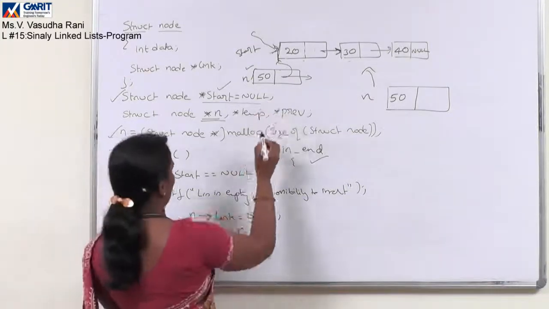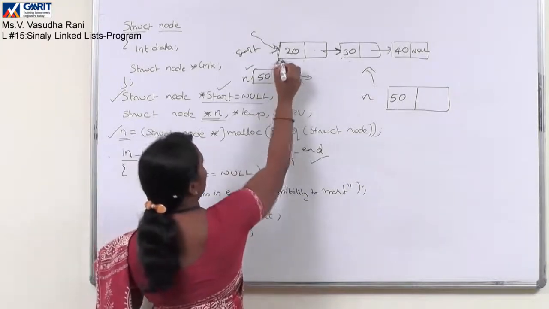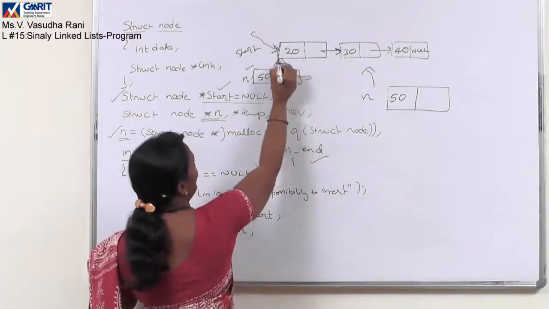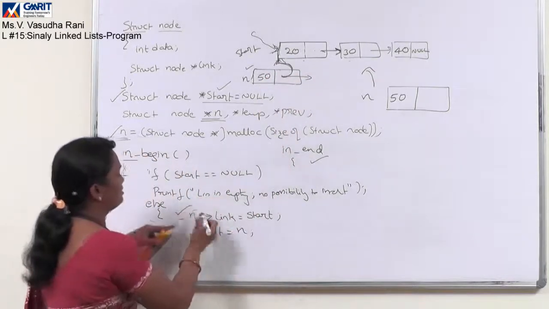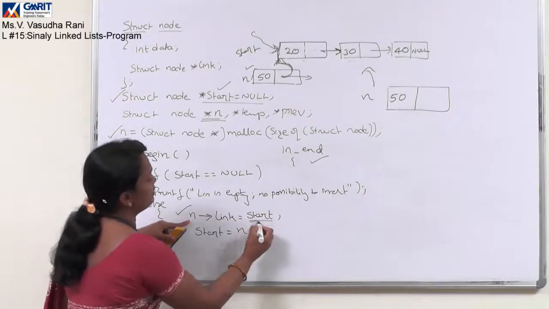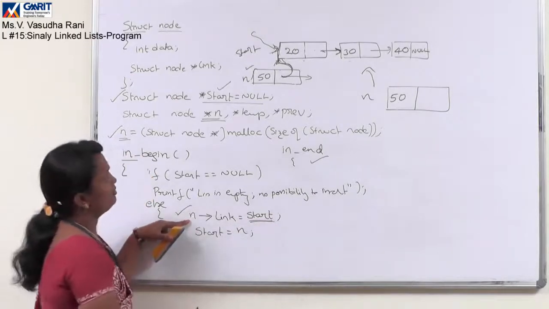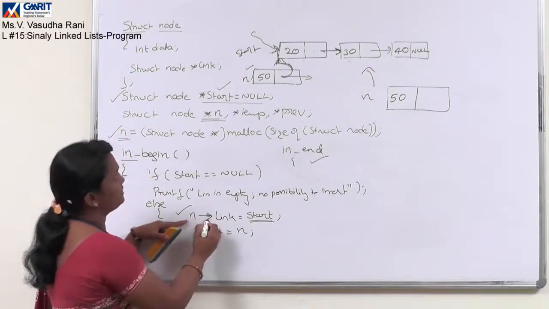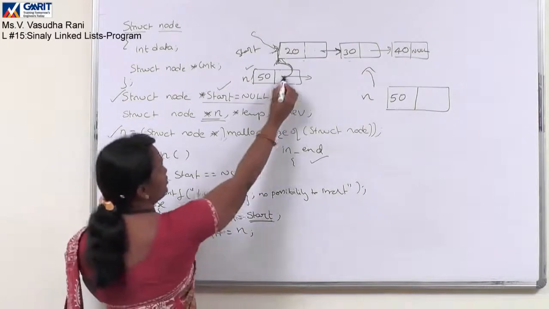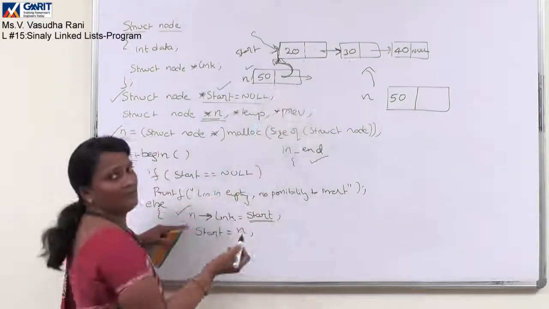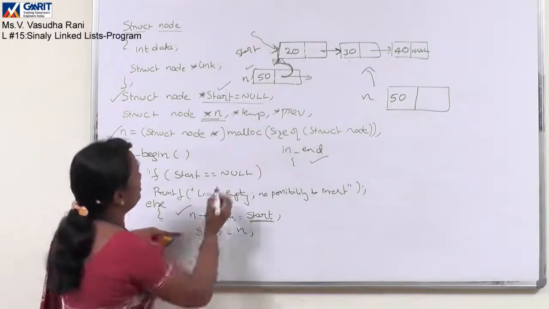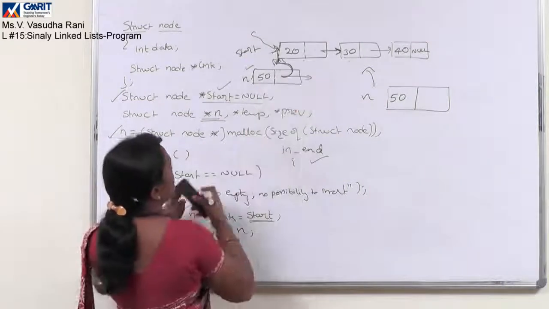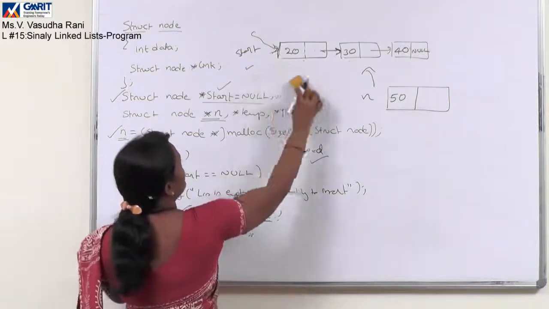Here two things: n link should refer to this first node, so n link equal to start. Start is having the address of the first node, so we are storing the address of this first node in n link, and then this node has come before this start.